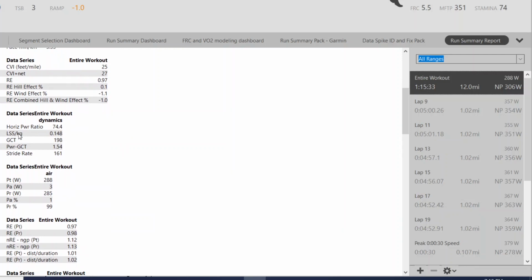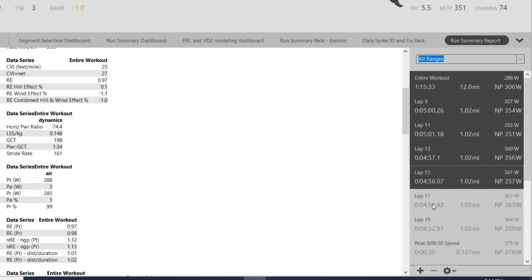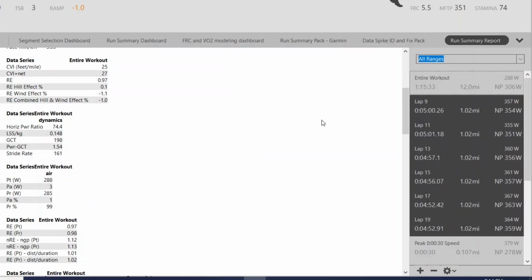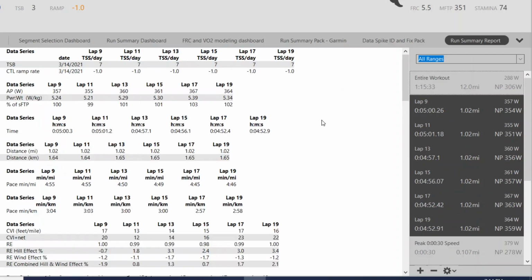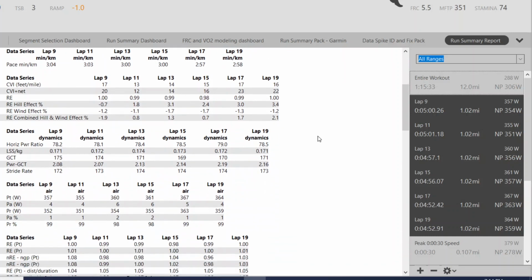And so dividing by their stride weight setting, which is also the WKO weight setting, allows me to get a leg spring stiffness per kilogram value. This is a little on the low side. I'm curious what happens when we look at each of these particular intervals, and we can see it's much higher.